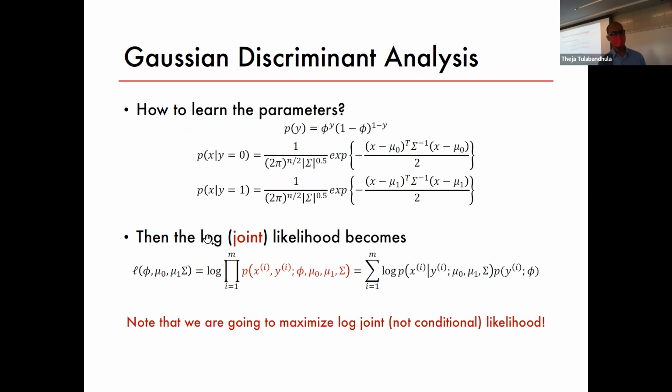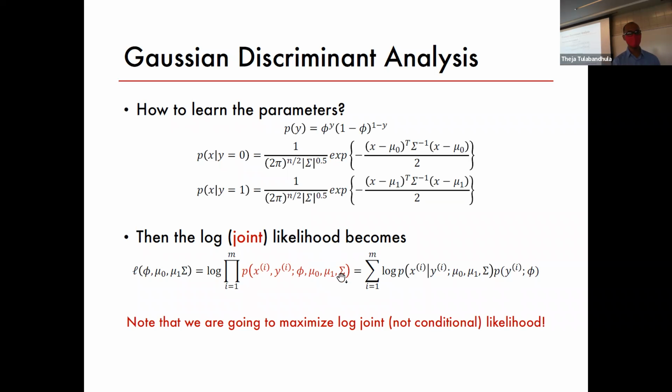Then the joint likelihood becomes a likelihood over all these parameters, as a function of these parameters. We are actually specifying the log likelihood, log of the product over m examples of the probability of seeing each pair xi, yi, which is exactly our data set as before, with respect to these parameters: p, mu naught, mu1, and sigma.